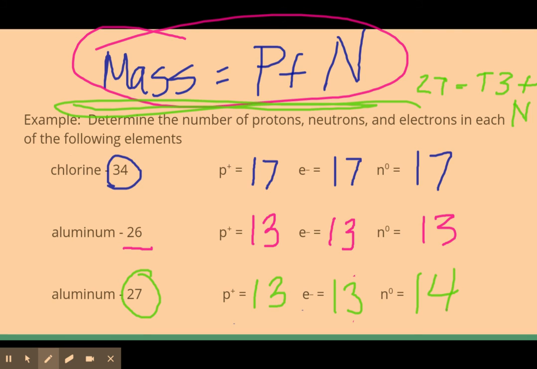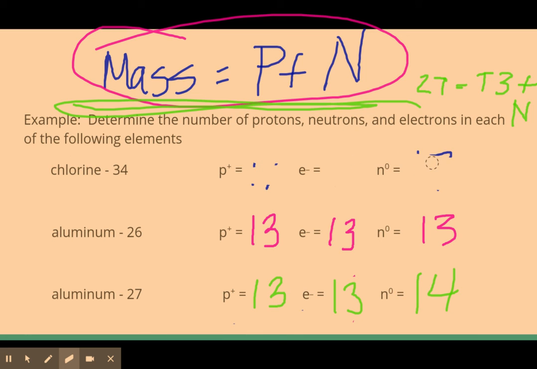So in this situation, I have 14 neutrons, whereas before I had 13. So that difference in mass number is going to give you a difference in neutrons.